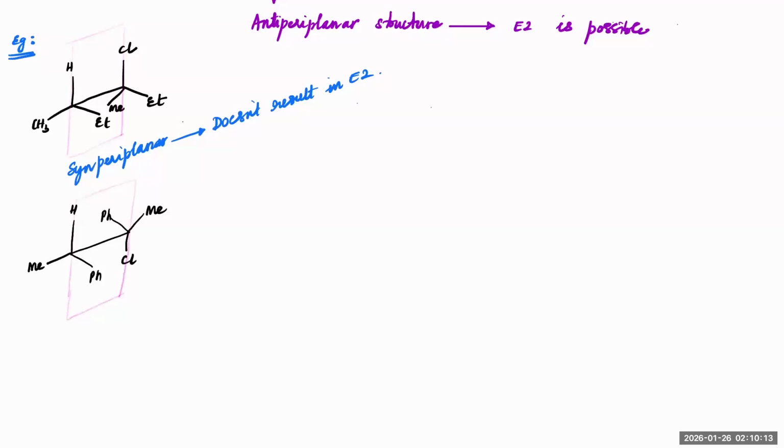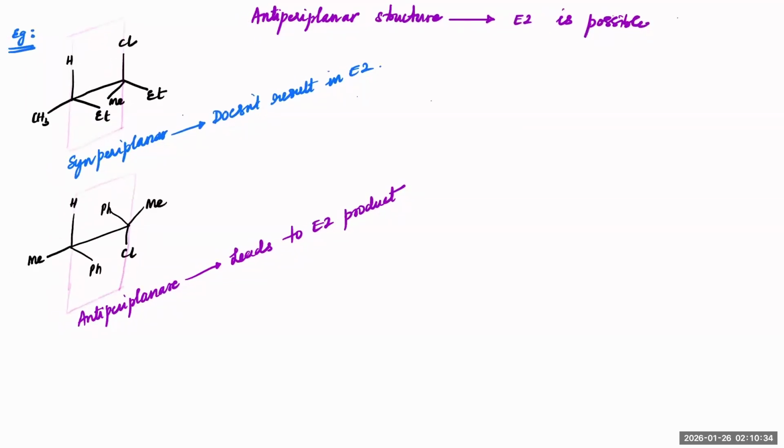You can clearly notice this is anti-periplanar. Now this definitely leads to the E2 product. So that means the mechanism will happen via the E2 mechanism. Let me show you one more example. Suppose the sawhorse projection only, I'll show you.